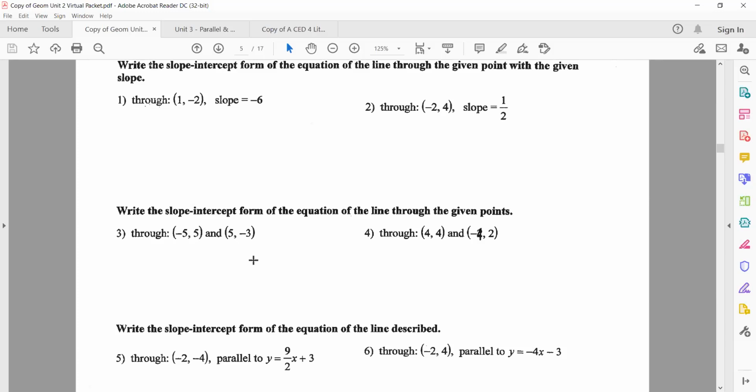But after you've done that, you can pick one of the points to either do what I just did with slope-intercept or with point slope form. So that's the only difference with this sort of problem. -5, 5, and 5, -3.